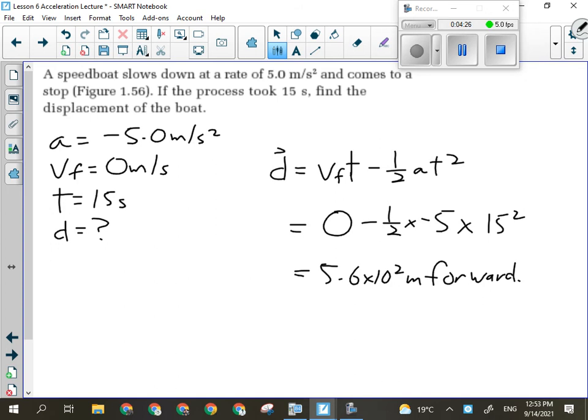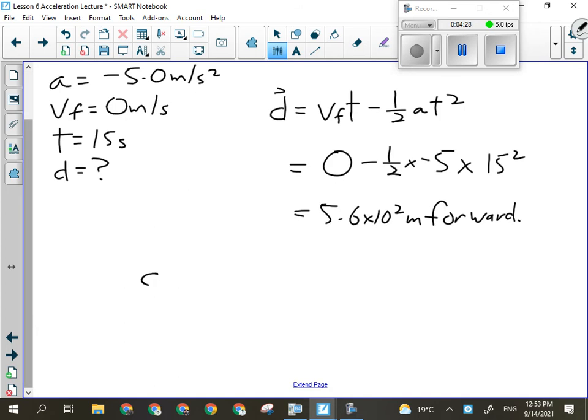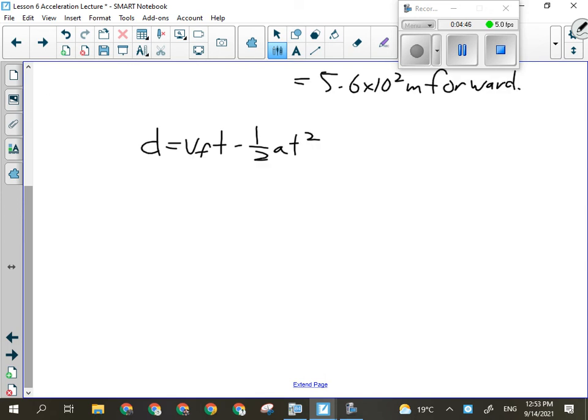All right, let's look at some possible manipulations of this formula here. What if I wanted to solve for VF? What would I move first? Exactly, the negative 1/2 AT squared, and I would do that by adding it to the other side.